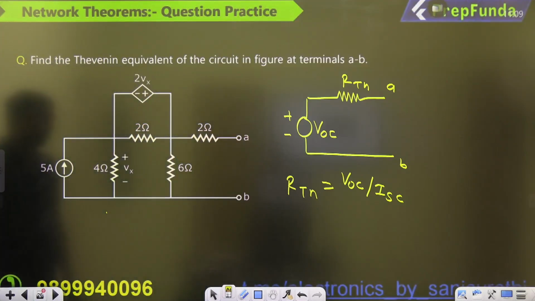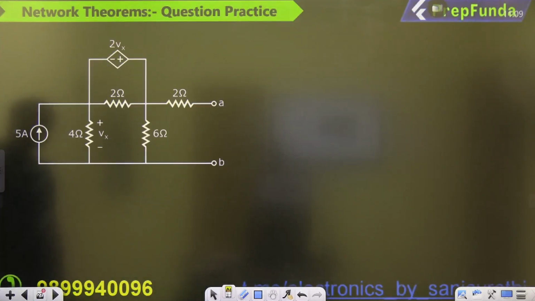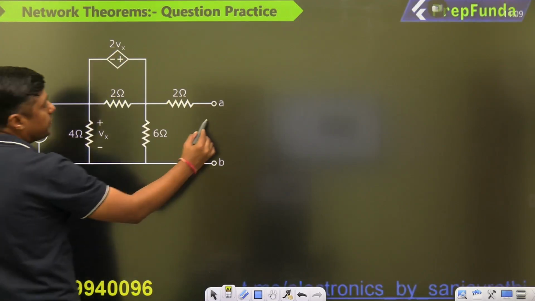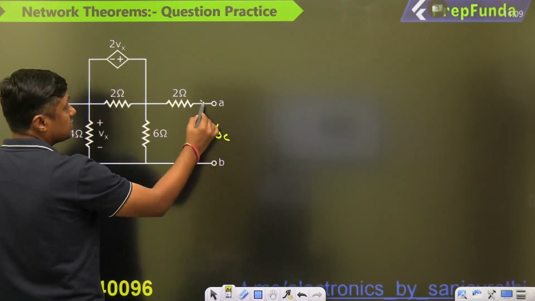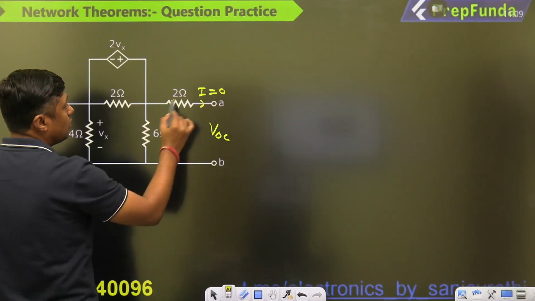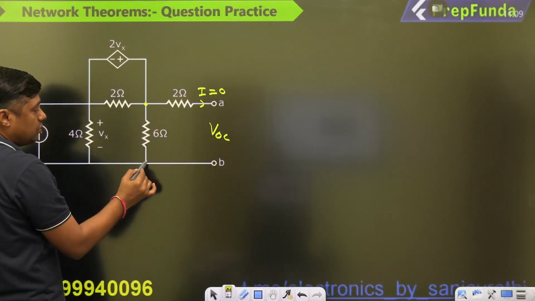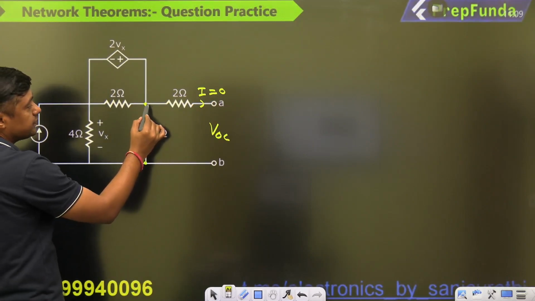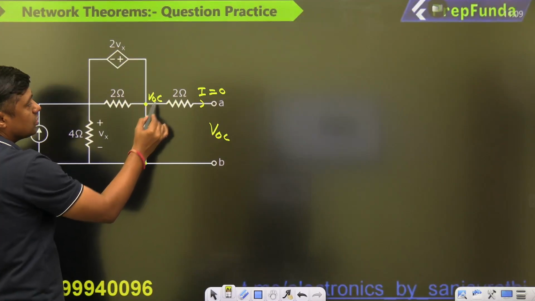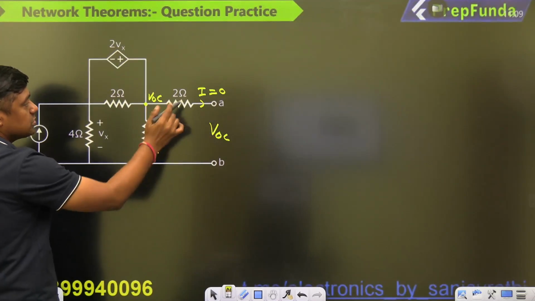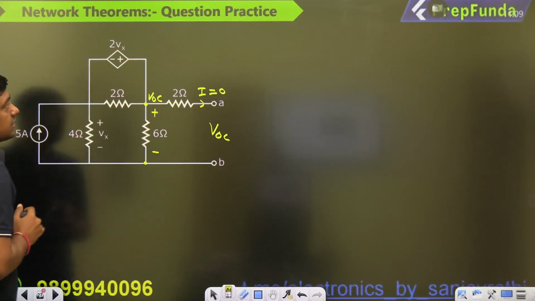Now, if you want to find the VOC, remember this is the open circuit. Always remember, this current is 0. So what is the drop across the 2 ohm resistor? 0, and that's why the voltage from this point to this point is also VOC, because there is no drop across the 2 ohm resistor.